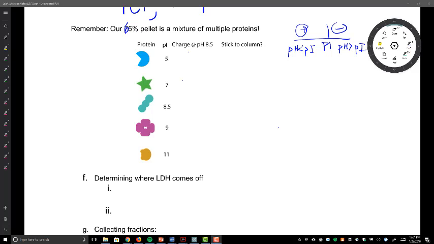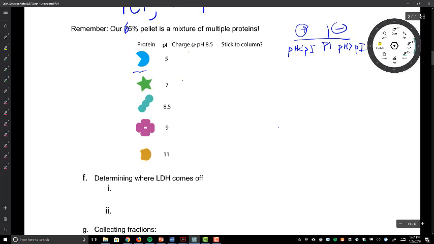All right, so for the first protein, the Pac-Man protein, it has a PI of 5. And this PI is less than the pH. So let's go back to our little PI chart up here.